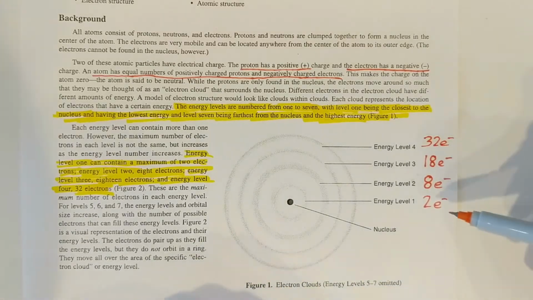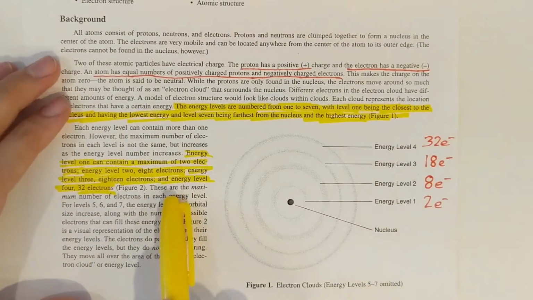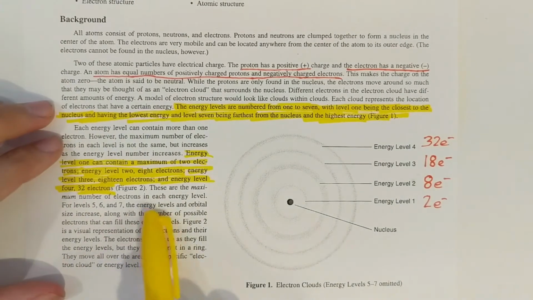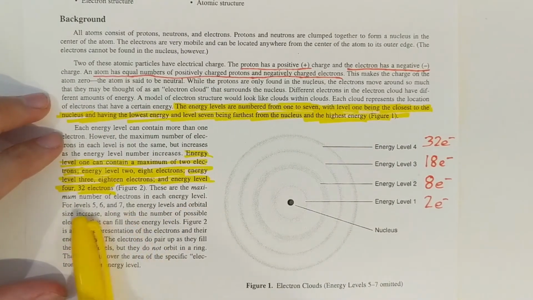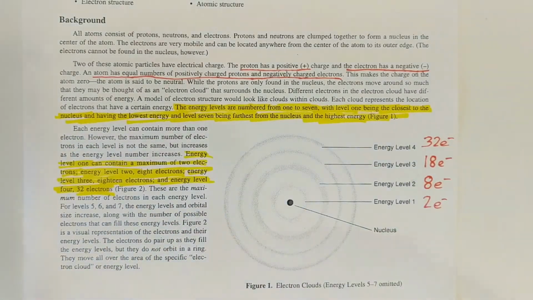And if you look closely, we're following a pattern here. And then we can imagine energy level 5, energy level 6, energy level 7 can hold more and more electrons. These are the maximum number of electrons in each energy level. For the levels 5, 6, and 7, the energy levels and orbital size increase along with the number of possible electrons that could fill these energy levels.